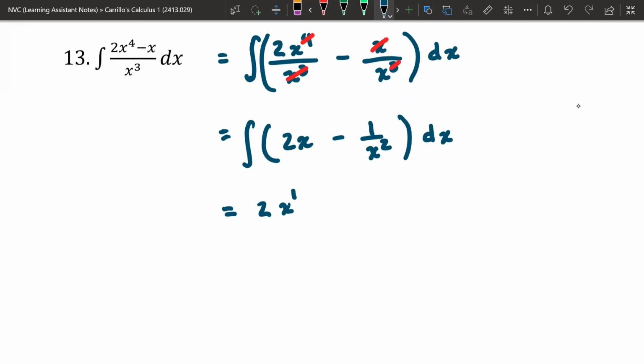So you have x to the first power plus 1 over 1 plus 1, minus, and here remember we have to rewrite that. 1 over x squared is equal to x to the negative 2.